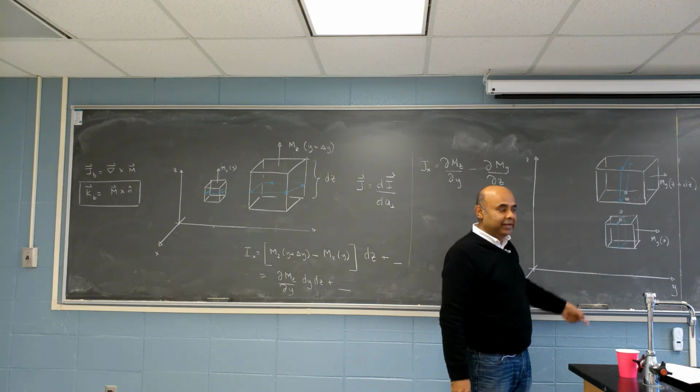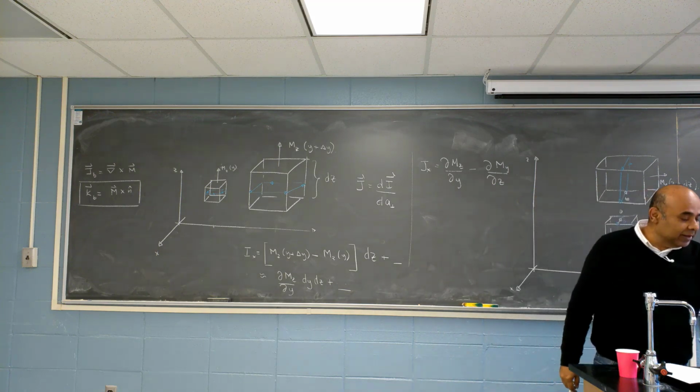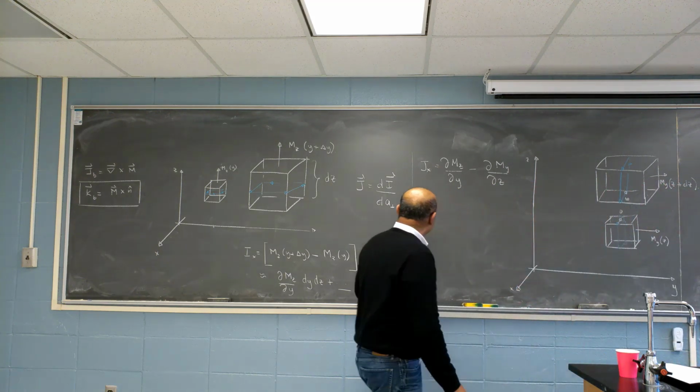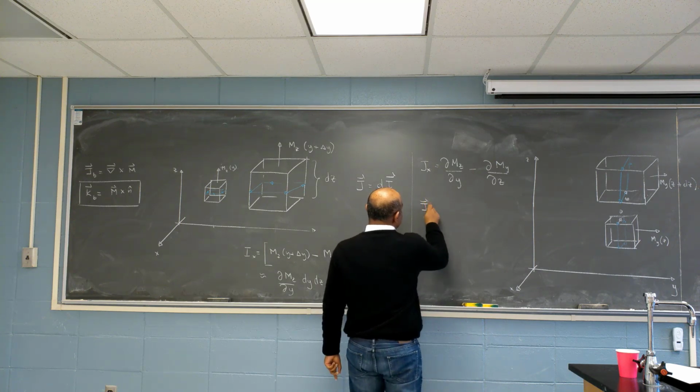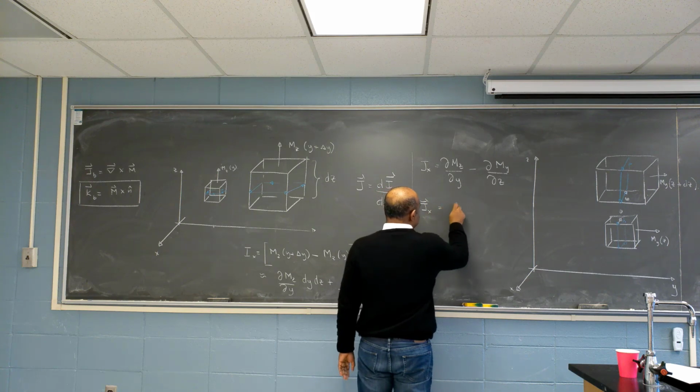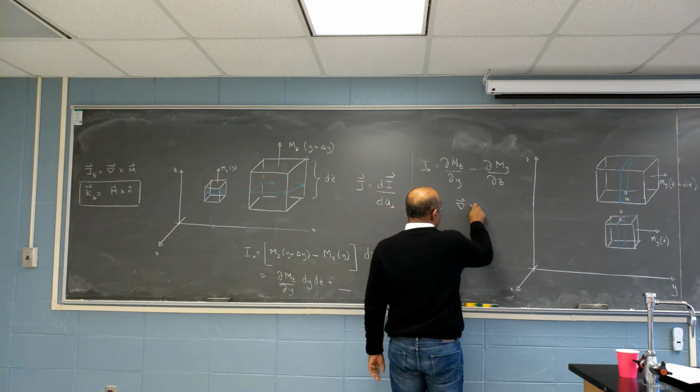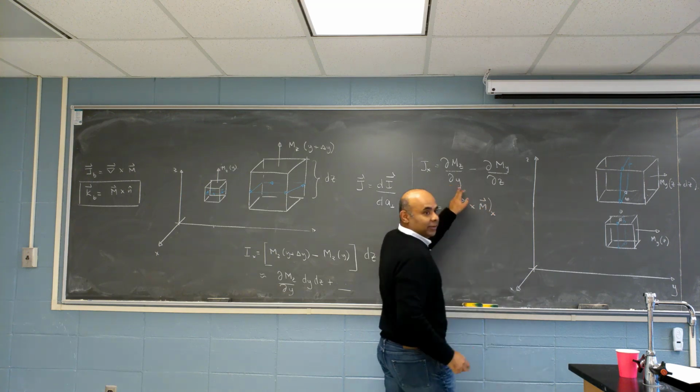So it's a minus sign. That is very good because you will see that this is nothing more than, first of all, the bound current, del cross M, the x component of the cross product.